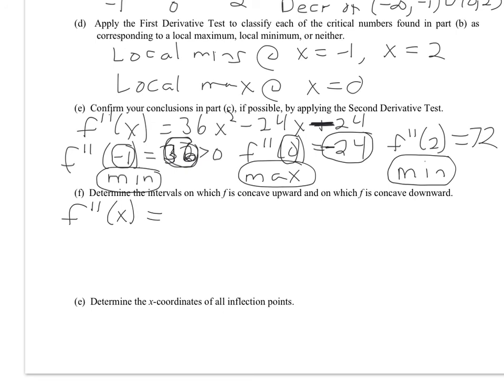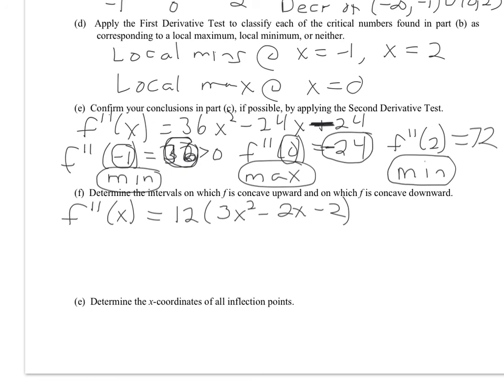I'm going to see if I can do that. I see I can factor out a 12. So if I factor out a 12, that leaves behind 3x squared minus 2x minus 2. And unfortunately, this expression does not factor easily.